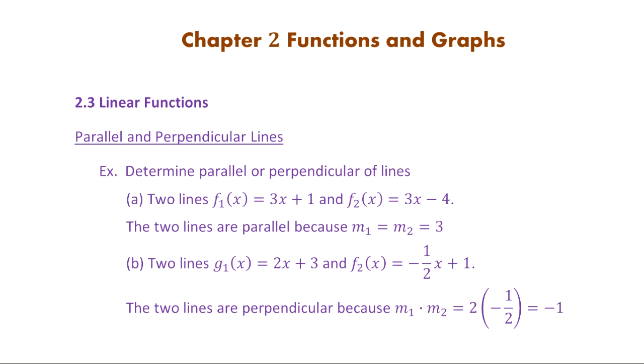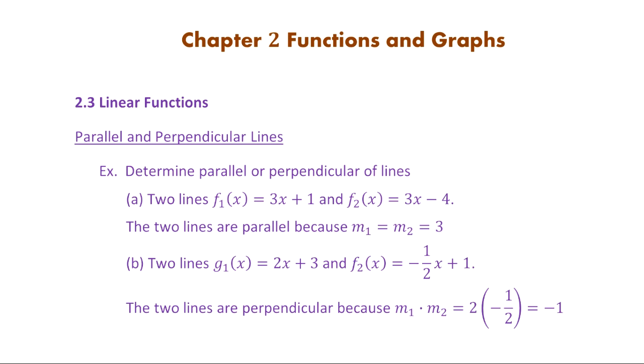All right. So we have one more page for this section. Let's just do one example of the parallel and perpendicular lines. So we have two lines, f1 of x equal to 3x plus 1, f2 of x equal to 3x minus 4. Obviously, the slopes of the two lines are the same.